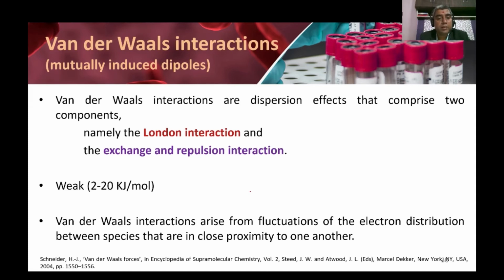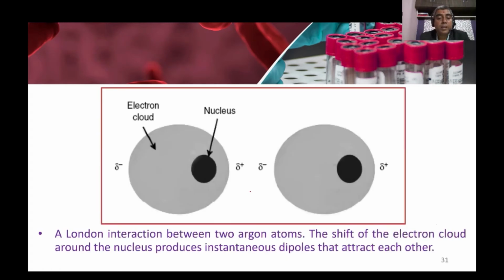They are very weak and the strength ranges between 2 to 20 kilojoule per mole. Van der Waals interactions arise from fluctuations of the electron distribution between species that are in close proximity to one another. In the image, we can see here London interaction between two argon atoms.